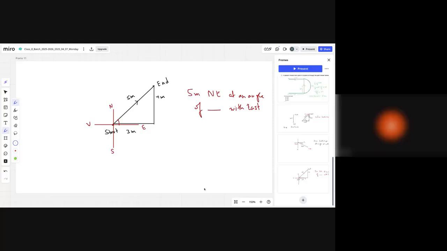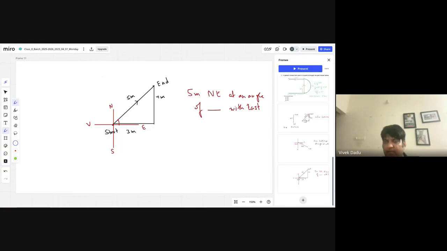Sir, but we know that it's a right angle triangle, right, sir? So the other two angles will be 45, 45. No. The other two angles are 45 only when the other two sides are equal. See, if these sides are equal, if let's say both these sides are 3 meters each, then if this is 90, then these two are 45, Anish.